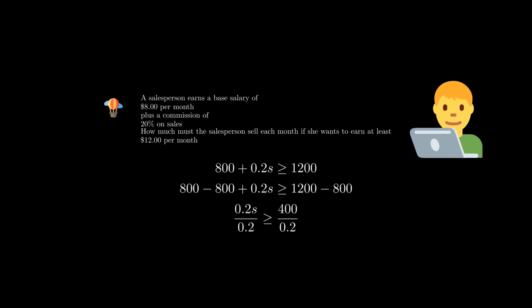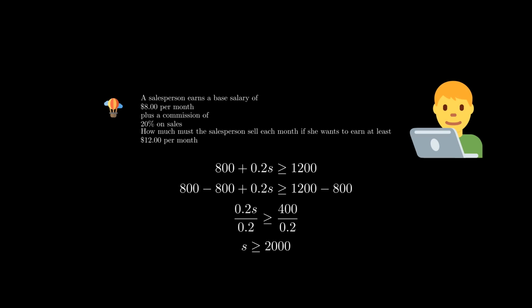Now 0.2 divided by 0.2 is 1, so we are left with s on the left side. 400 divided by 0.2 is 2000. After simplifying, the inequality becomes s greater than or equal to 2000. This tells us that the salesperson must sell at least $2,000 of merchandise each month to earn at least $1,200.